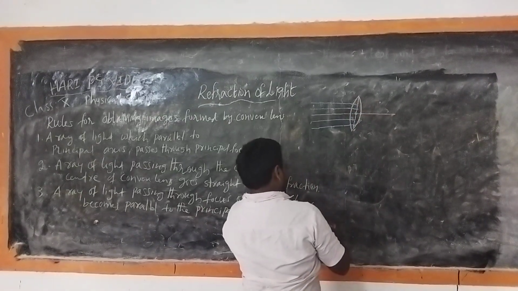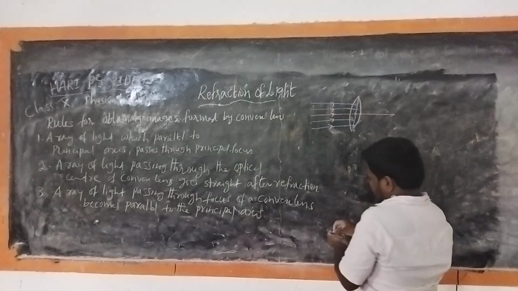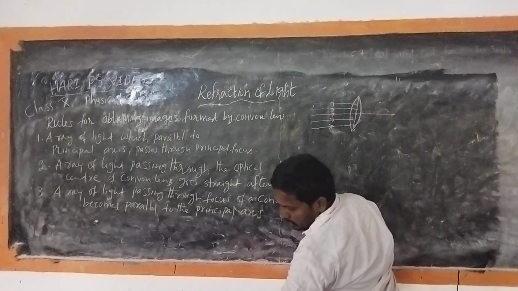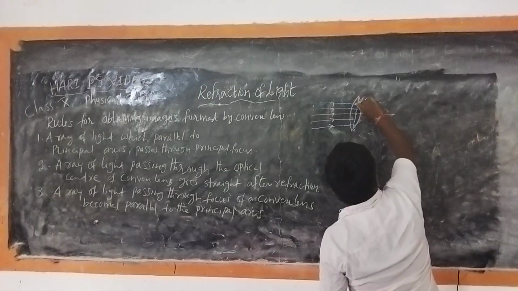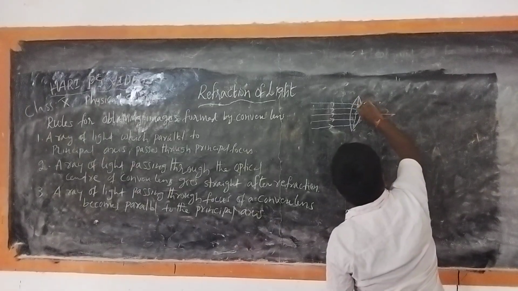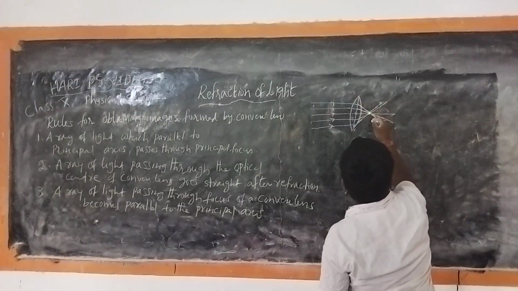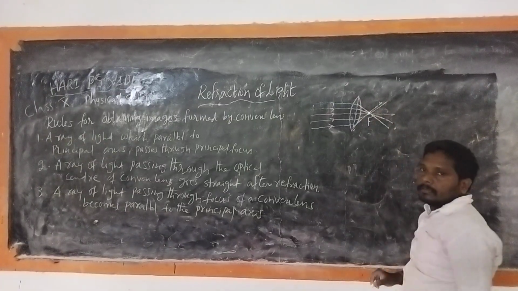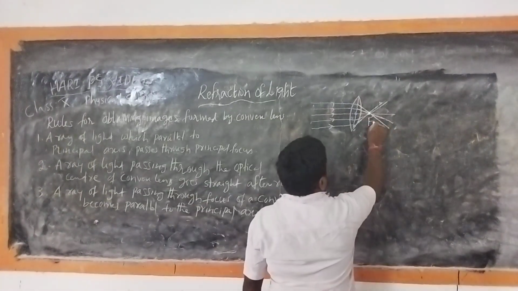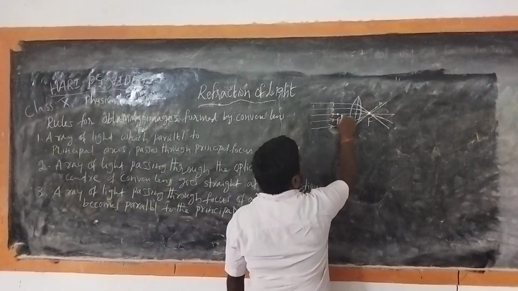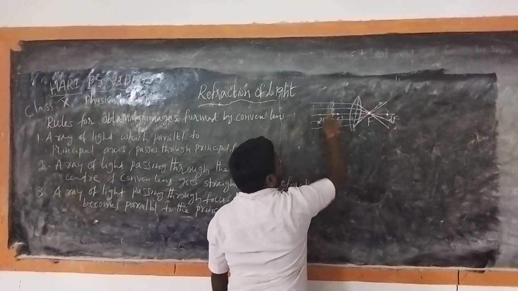So what will happen? If they are parallel to the principal axis, after refraction they pass through the focus. This is called the focus. So here F and here F dash, here 2F and here 2F dash.